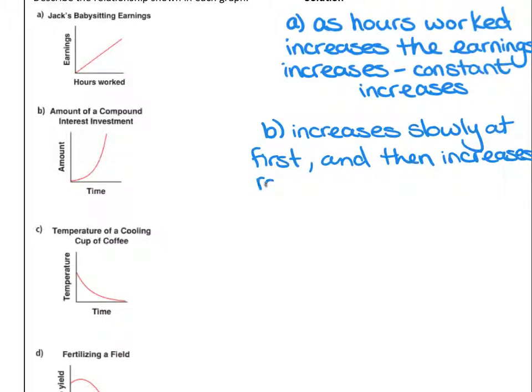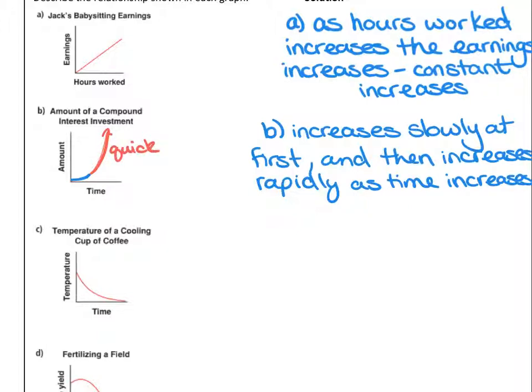Increases rapidly as time increases. Now we can see that because we have a nice slow climb here, but then after some time it starts to go quickly up there. So this is quick. And this is slow.